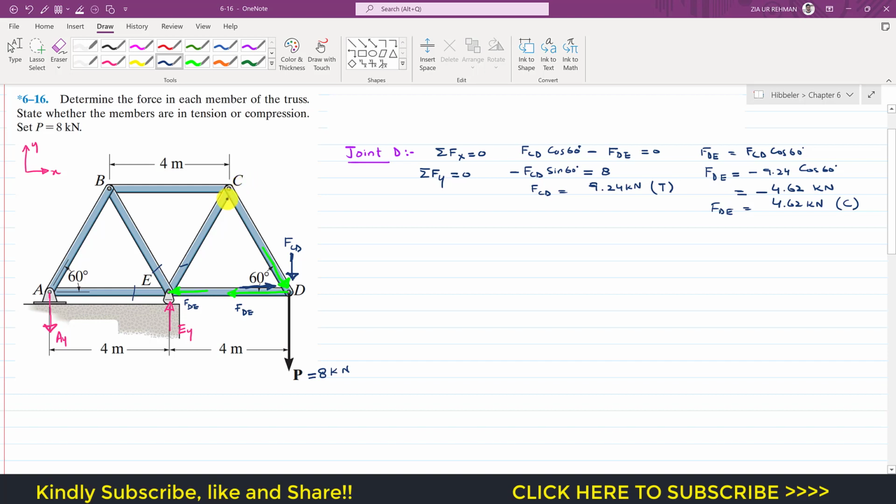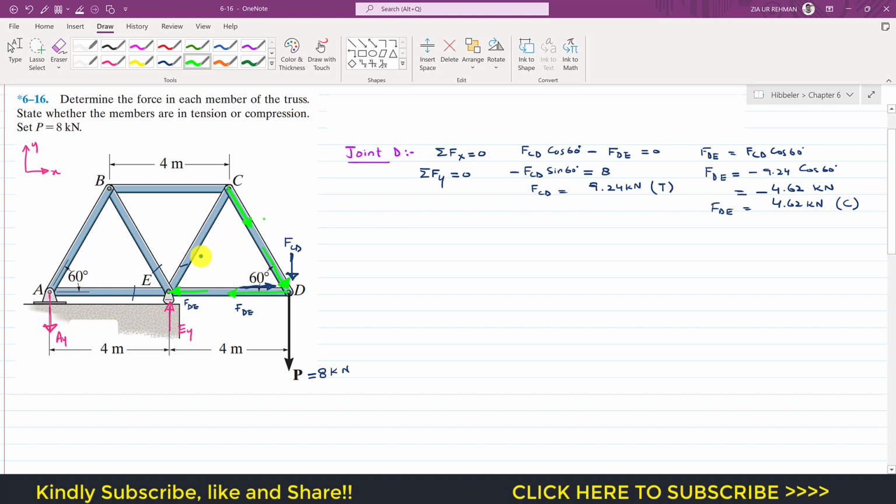So if I consider this joint C, then FCD is 9.24 and it is the tension force. This means that at joint C, that FCD force will be acting away from this joint C as well. So this is that FCD.